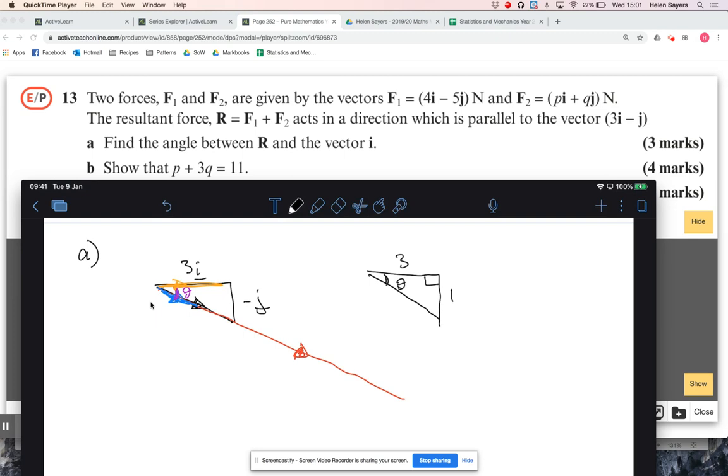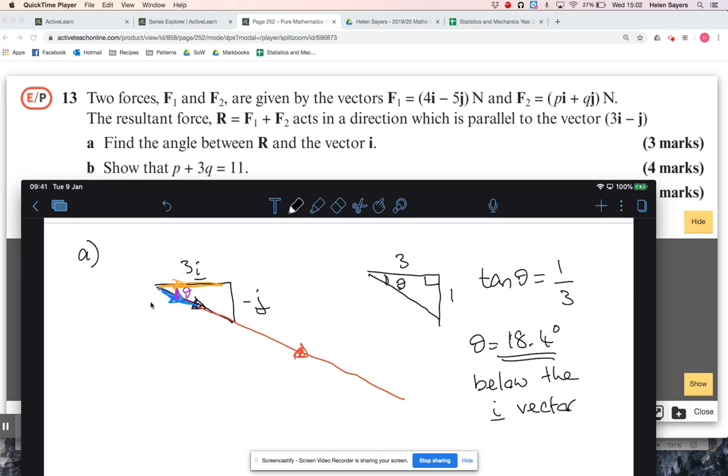So I'm using SOHCAHTOA, and tan theta is opposite over adjacent. So if I arctan 1/3, I get theta is 18.4 degrees, and that's 18.4 degrees below the i vector.